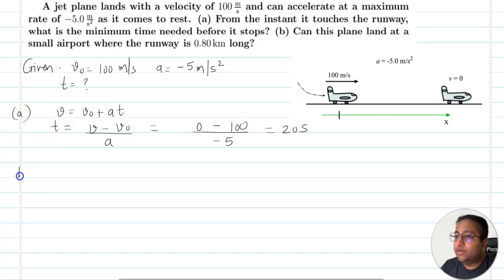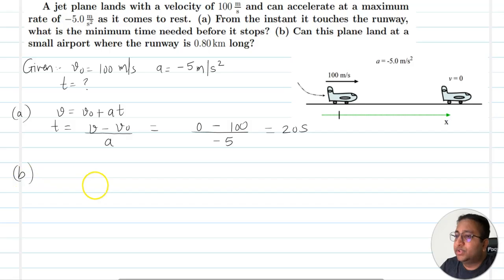In part B of the problem, we are supposed to find out if a small airport which has a runway 0.8 kilometer long will be enough for a successful landing of this jet plane.